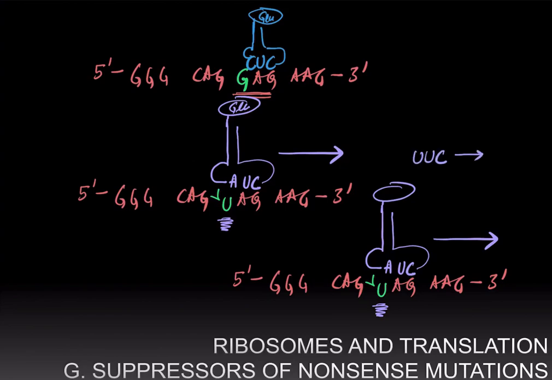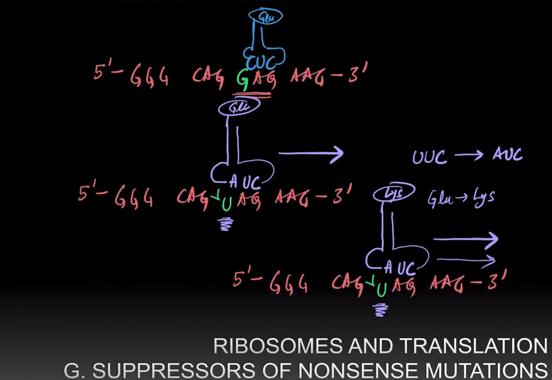So let's say there is a mutation that changes the lysine anticodon to AUC. So now we have a lysine tRNA that can base pair with the premature stop codon, allowing once more translation to proceed, but resulting in a protein in which the glutamate has been substituted by a lysine.